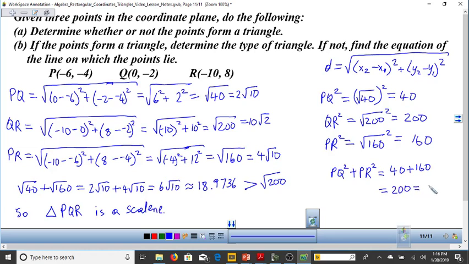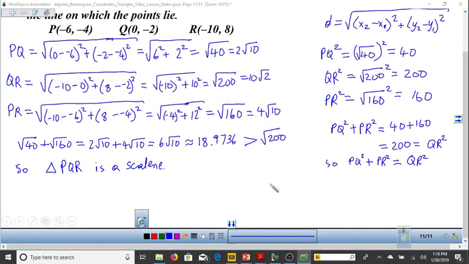So PQ squared plus PR squared is equal to QR squared. So we're talking about a scalene right triangle. So triangle PQR is a scalene right triangle.